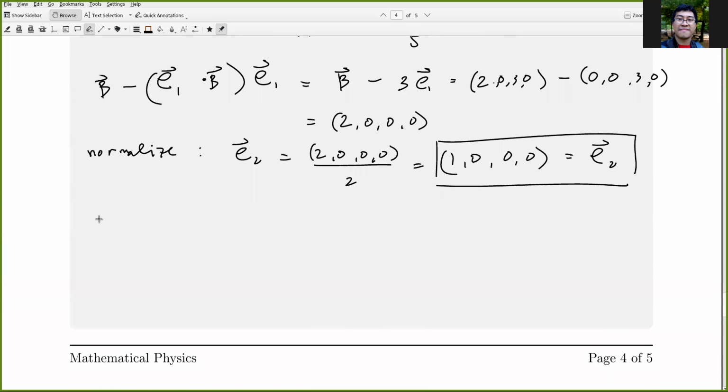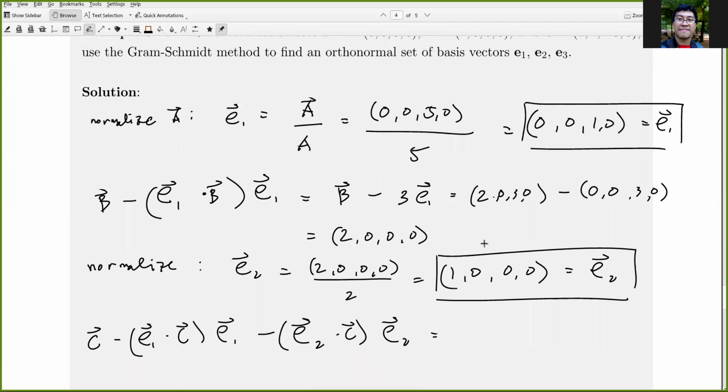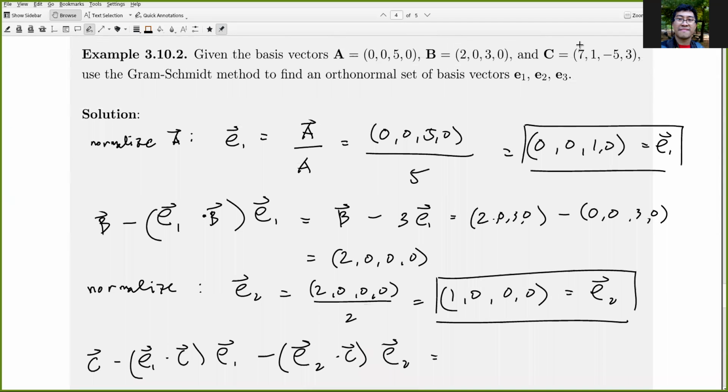And finally, for C, we simply subtract from C, E1 dot C times E1 minus E2 dot C times E2. C is this 71 minus 53 times E1, that would be just this -5 here.